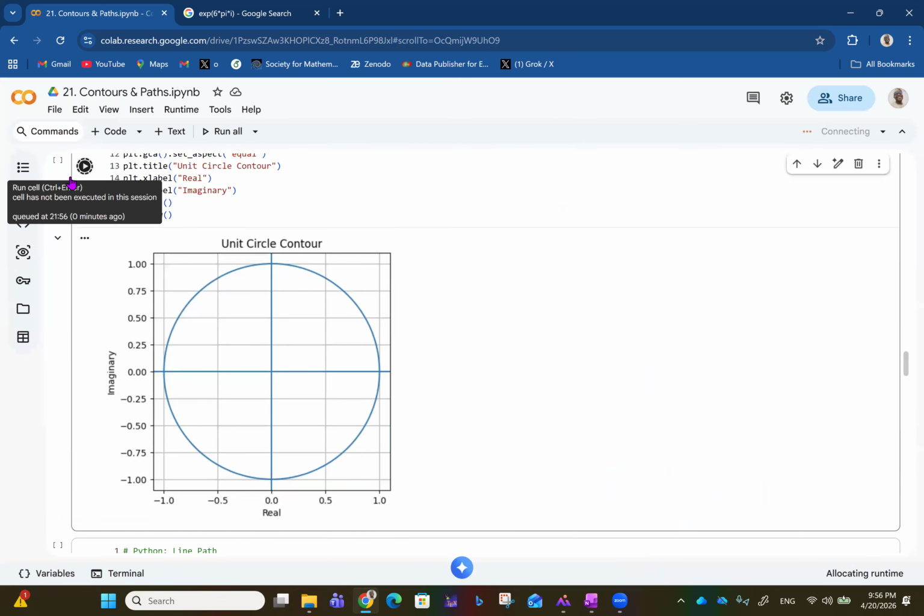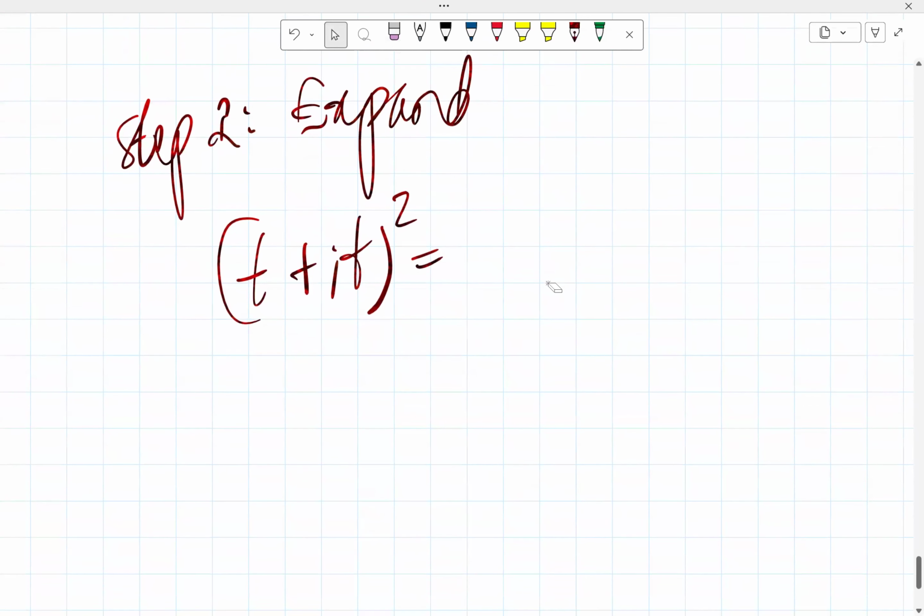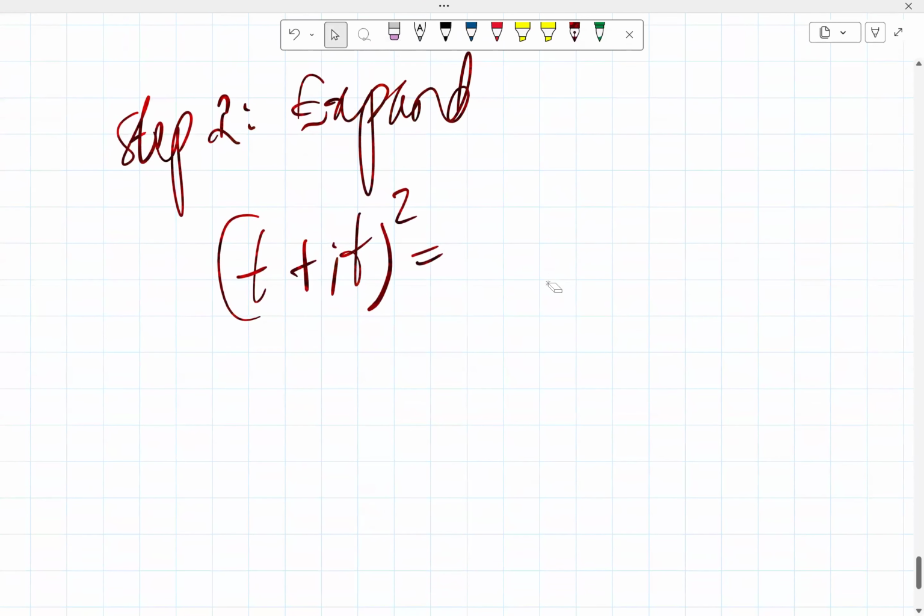We have t plus i t squared, not just t plus it. If it was just t plus it, then it would be that simple. But no, this is t plus i t squared. So again, I go t squared plus 2 times t times i t squared plus i squared t to the power 4, because this is t squared already.